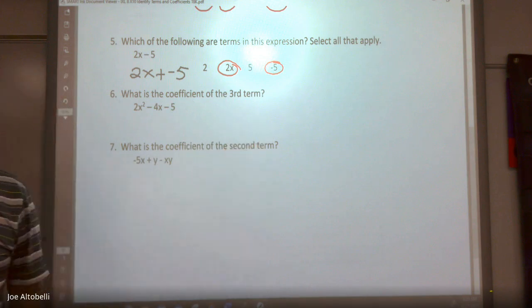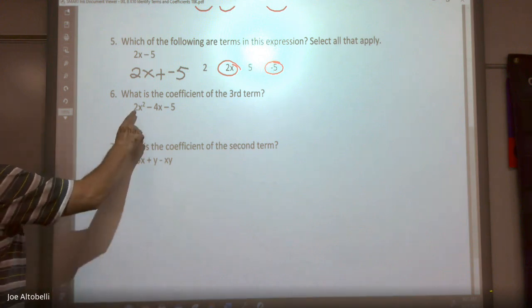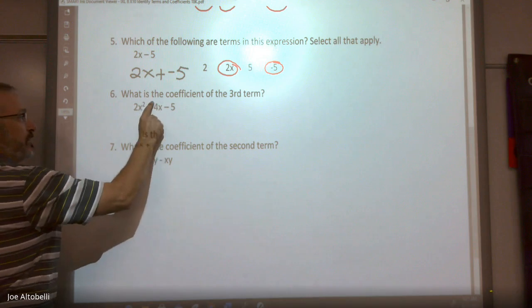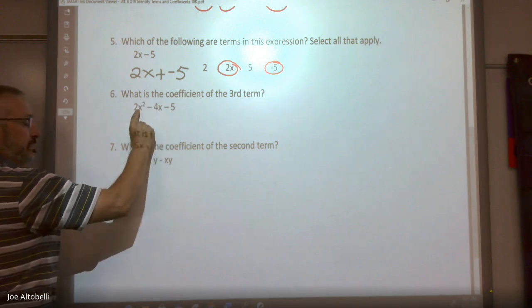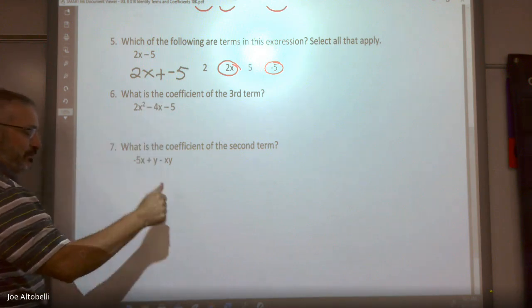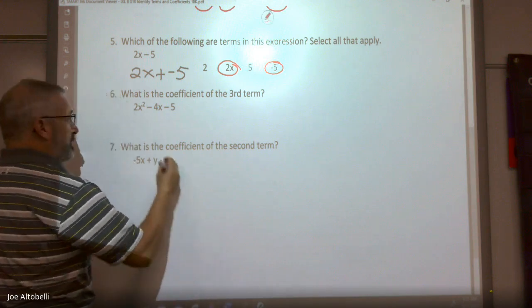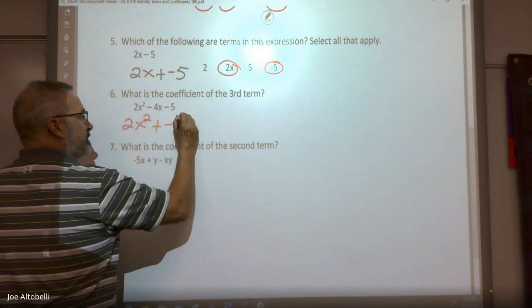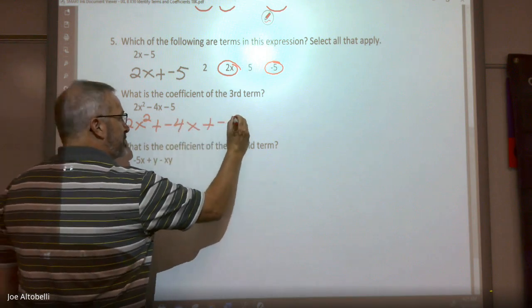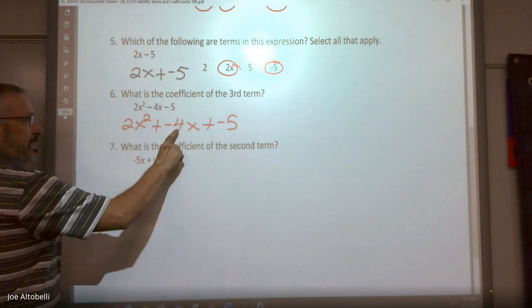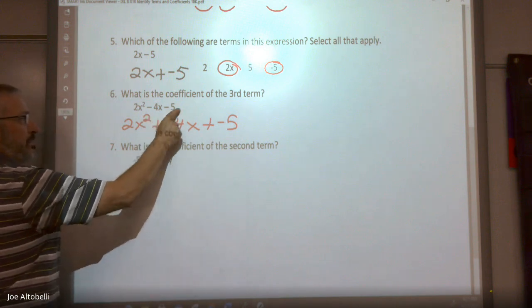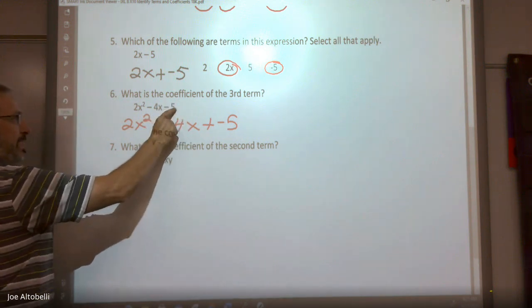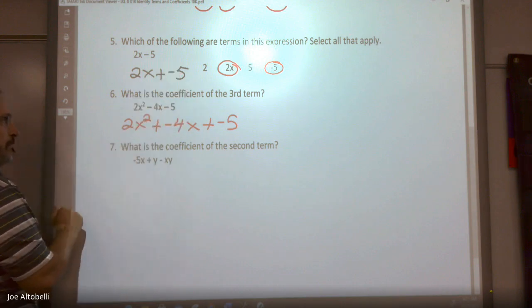Maybe one of the options is there are none. I don't remember, okay? I did it so long ago. But the coefficient of this term is 2. The coefficient of this term is -4. Remember, this is 2x squared plus a -4x plus a -5. Okay, the coefficient here is -4. This is not a coefficient. This doesn't have a coefficient because it's not a variable term.